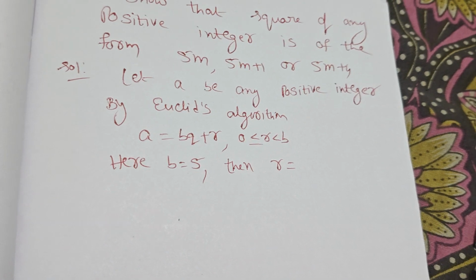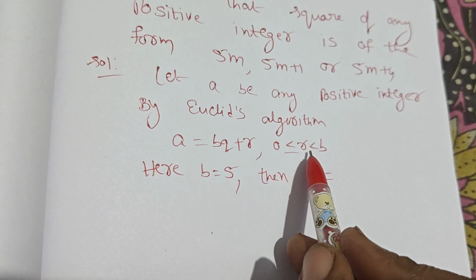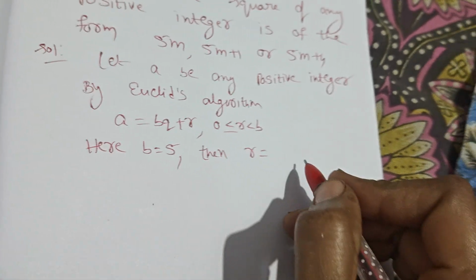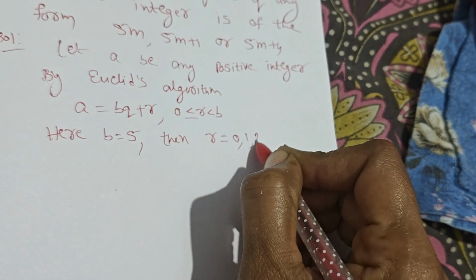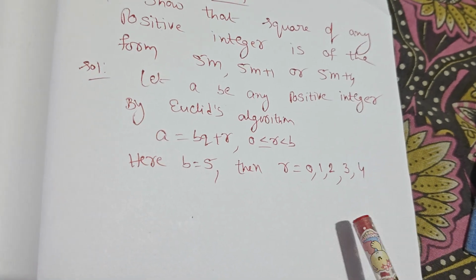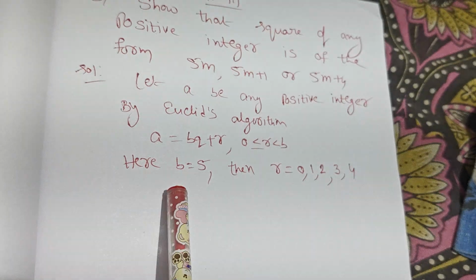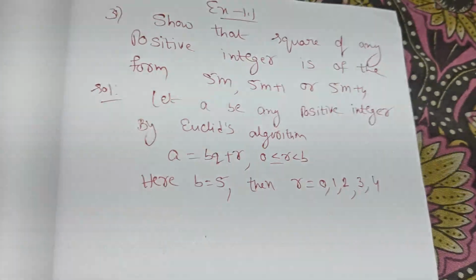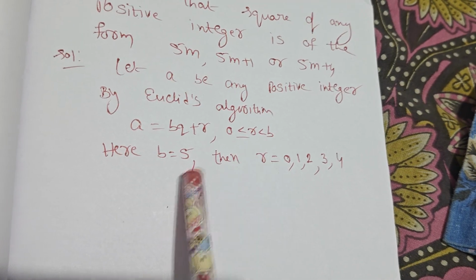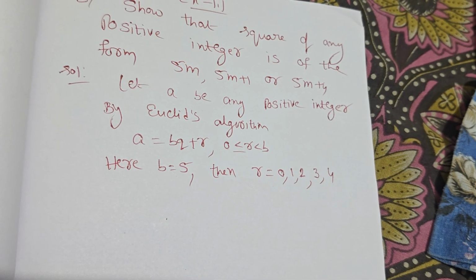The remainder starts from 0: 0, 1, 2, 3, 4. Up to 4 only I am taking. Why? Here r is less than b, which means the remainder should be less than the divisor. Here the divisor value is 5, so r is less than 5, and we have to take up to 4.